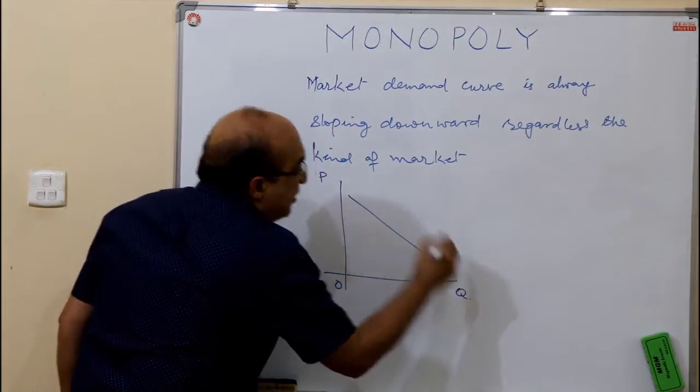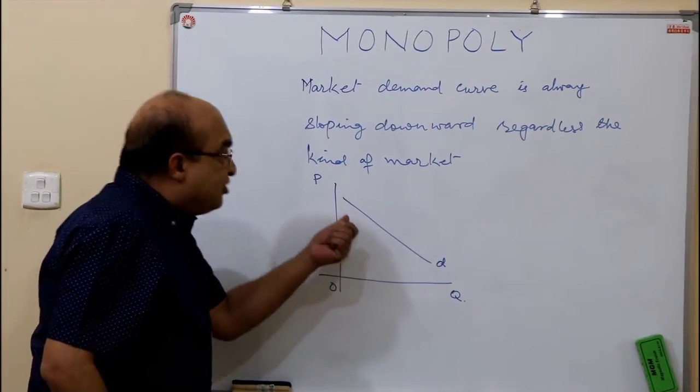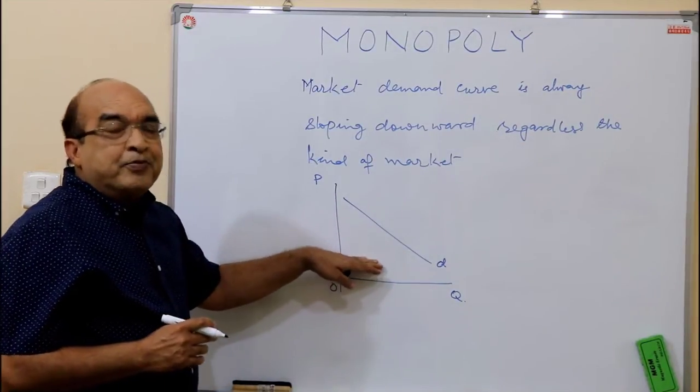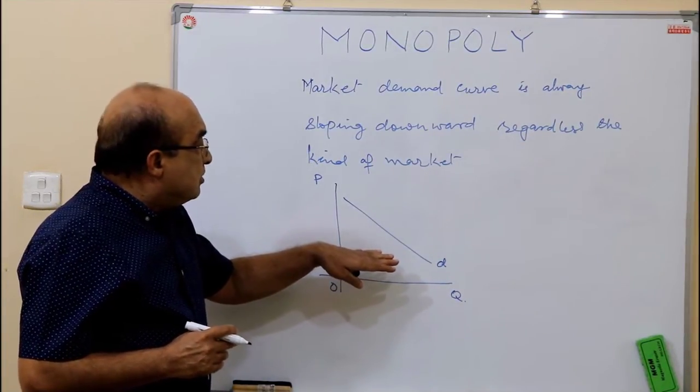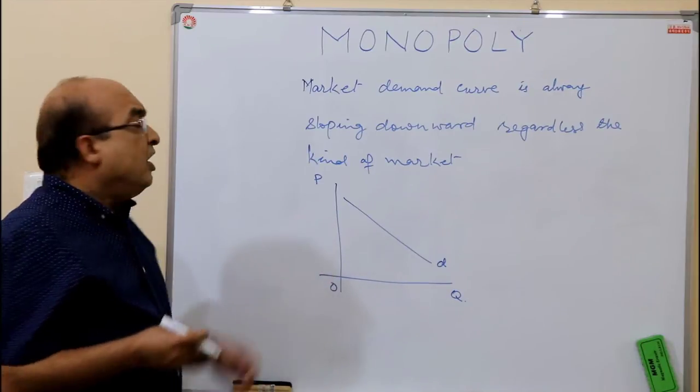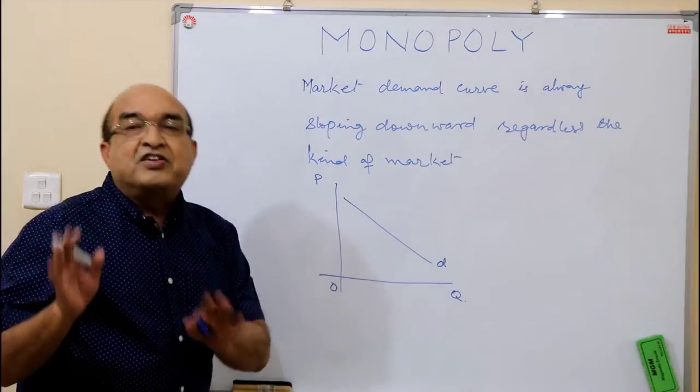This market demand curve shows what quantity will be demanded of that particular product at various price levels. So that will be the firm's average revenue.